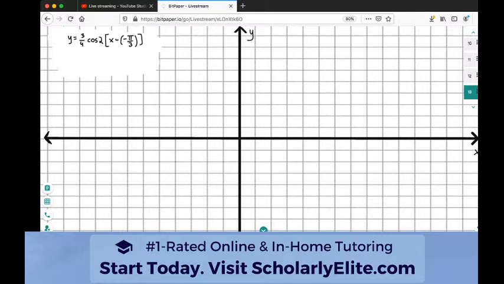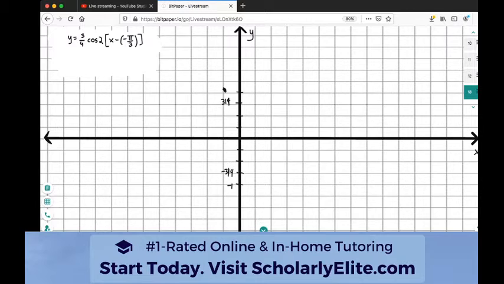So remember that our amplitude was 3 over 4, which means that since there's no vertical shift here, we know that it's going to have to go up to 3 over 4. So this is 1 over 4, 2 over 4, 3 over 4, 4 over 4. So this can be 1, and this can be 3 over 4. And then same thing here: that's negative 1, and that's negative 3 over 4.